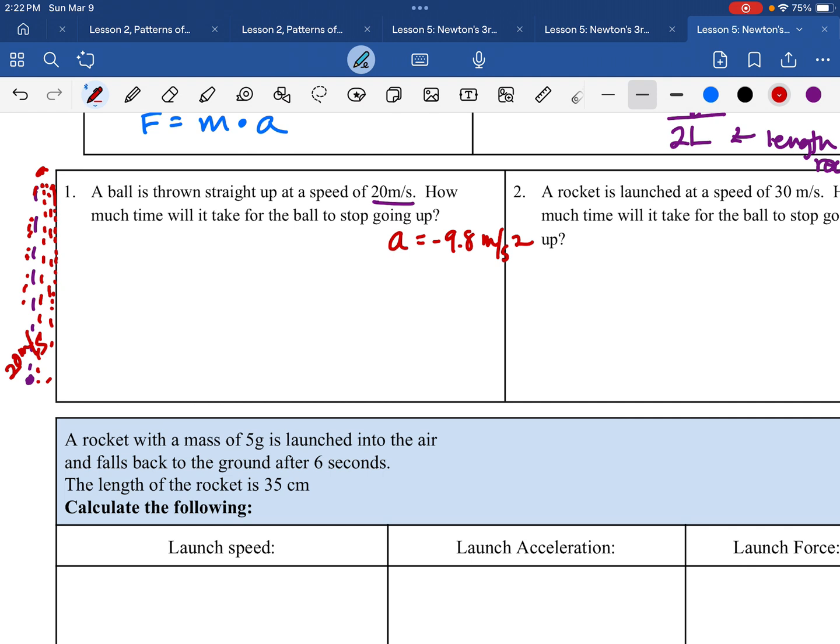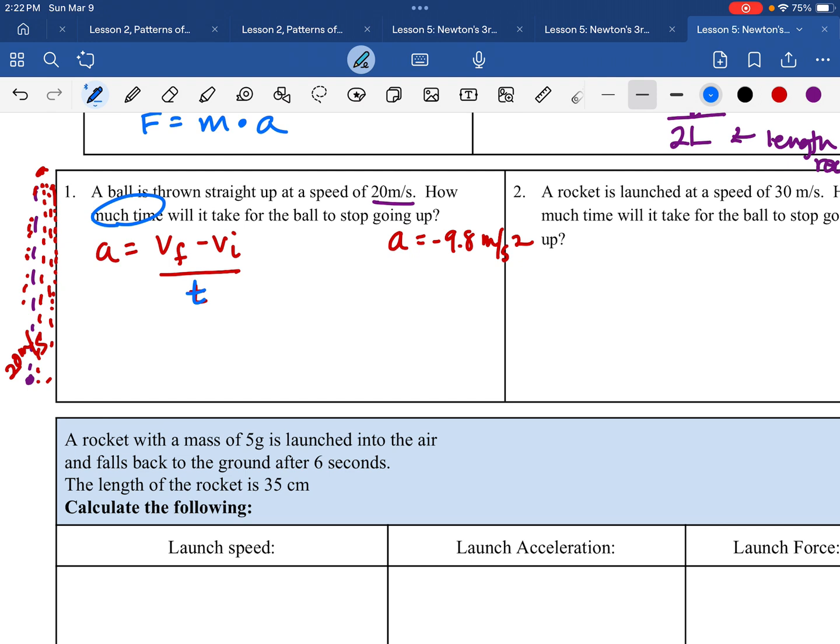All right, so what formula are we going to use? How long will it take for the ball to stop going up? So we're going to use our formula, acceleration equals the final velocity minus the initial velocity divided by time. And this is the time. We don't know the time. How much time? This is what we're going to solve for, this t right here. Let's see what we do know.